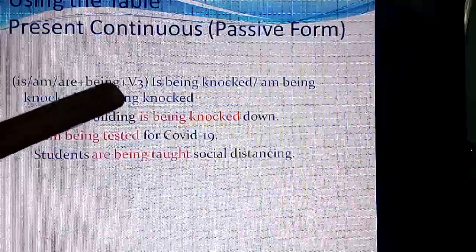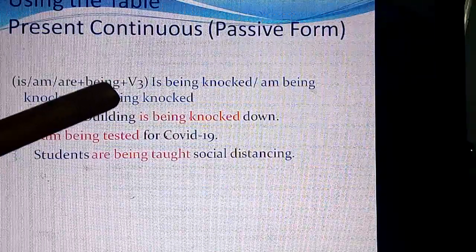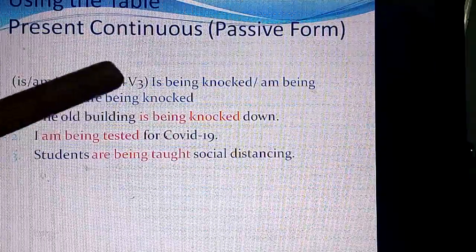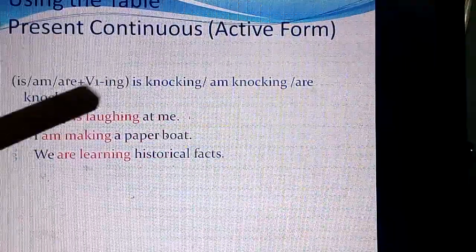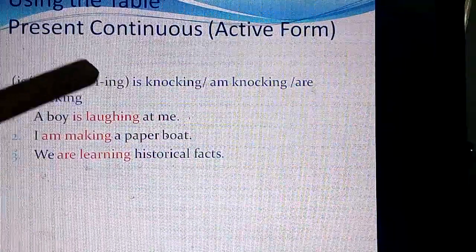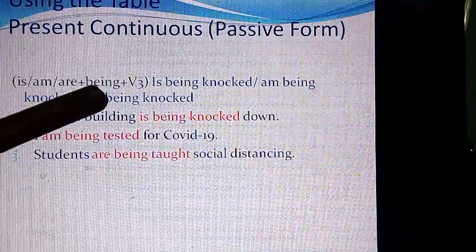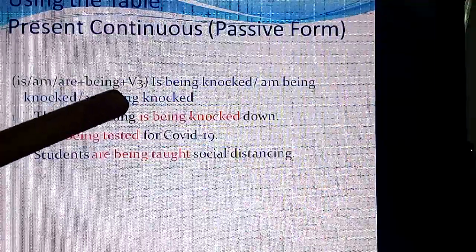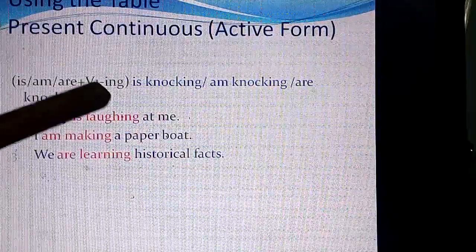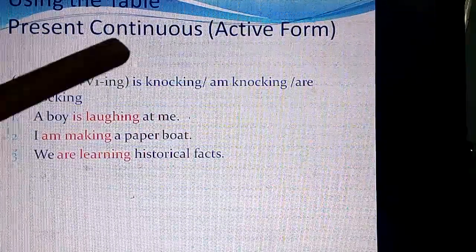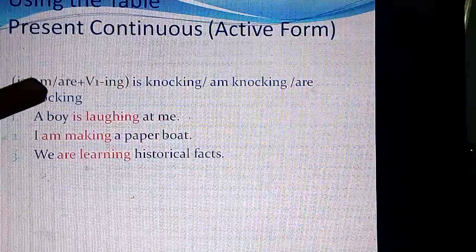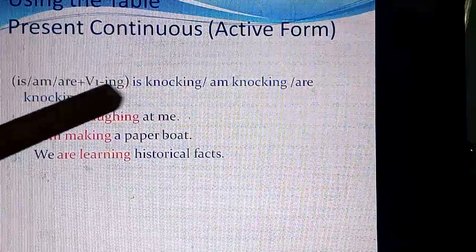So we have to complete that V1 ing. So how we are completing this V1 ing? We are taking the helping verb be, plus be is V1, and ing form we are adding it. So in this way we are completing the formation of present continuous is/am/are plus V1 ing.